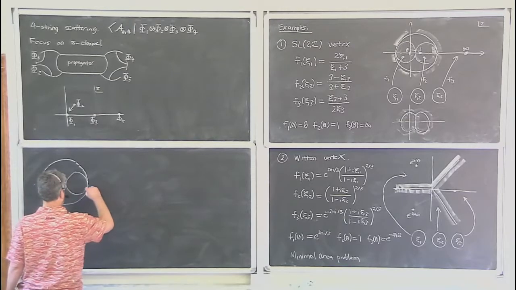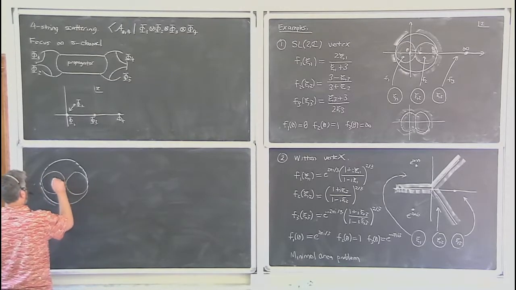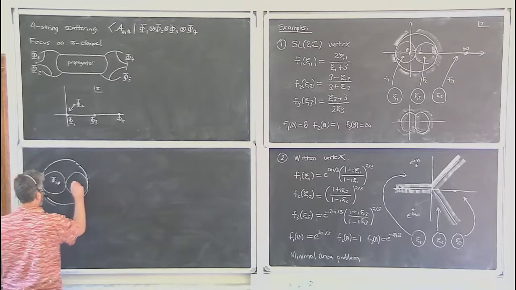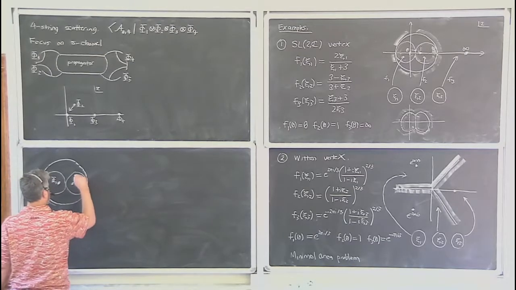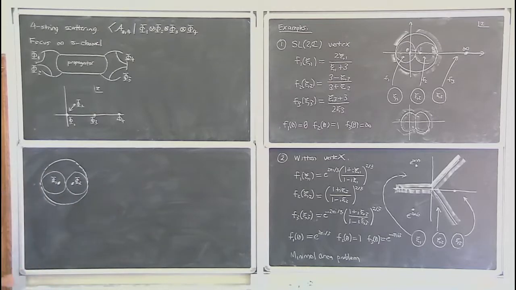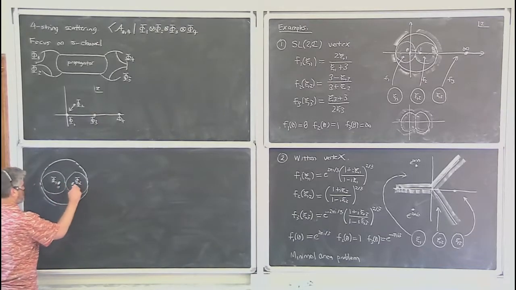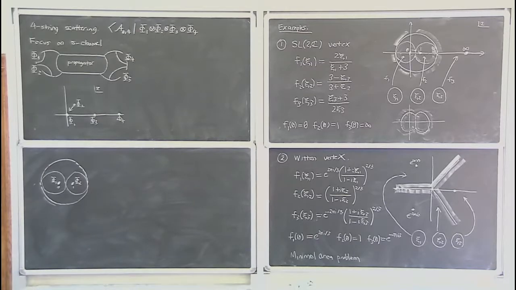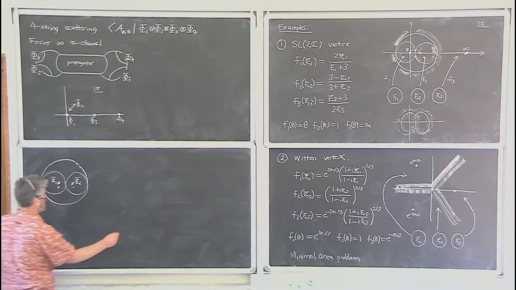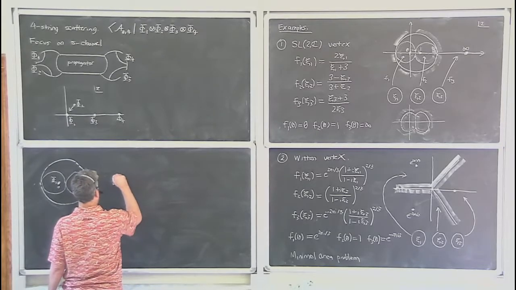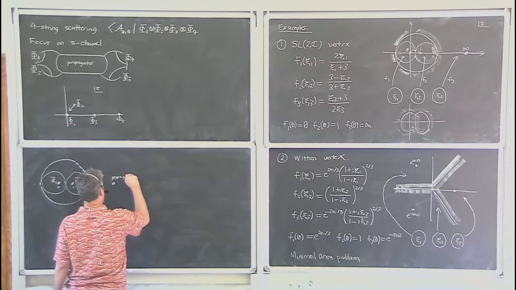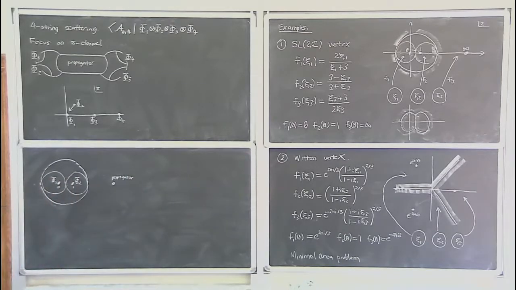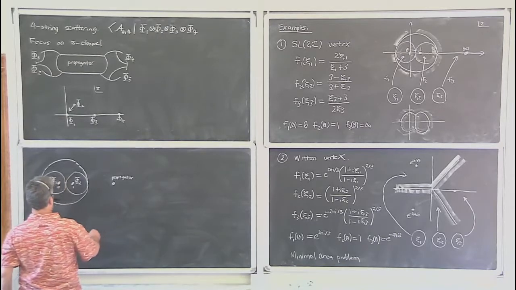Phi 1 and phi 2 are inserted at 0 and 1. And then at infinity, we insert another state which corresponds to the propagator. Okay, so this is a representation of what that part of the diagram means. So now we're on the complex plane.